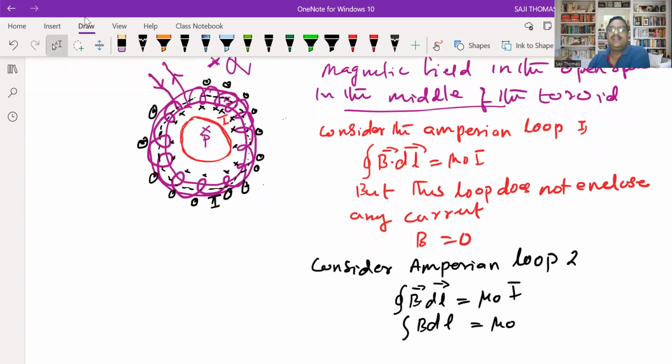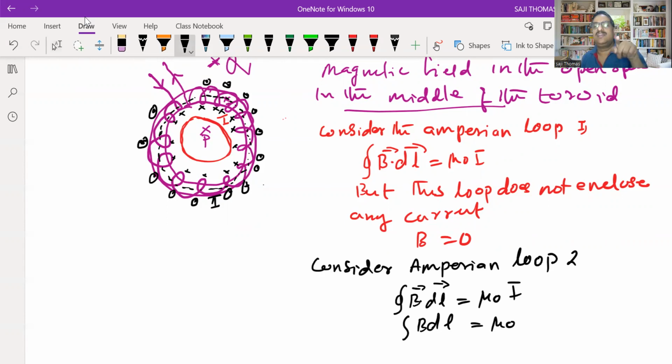What is I here? I told you I is the current through each turn. The Amperian loop, the second loop, contains many currents moving into the plane of the paper. What is the total number of currents moving into the plane of the paper? N into length into I. N is the number of turns per unit length, length is the circumference, and I is the current through one turn.